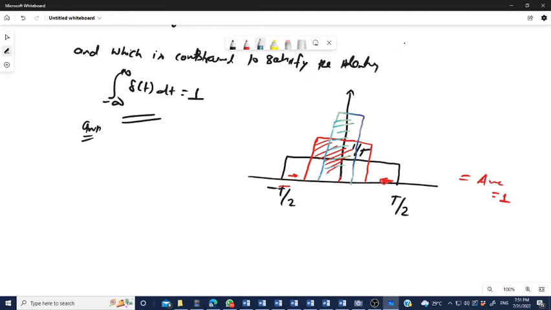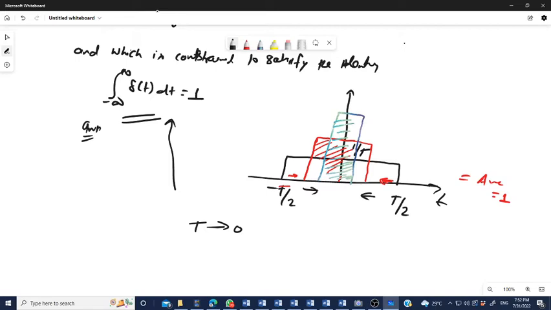Imagine a condition where this t is tending towards 0, the origin, and you have to keep the area constant at 1.